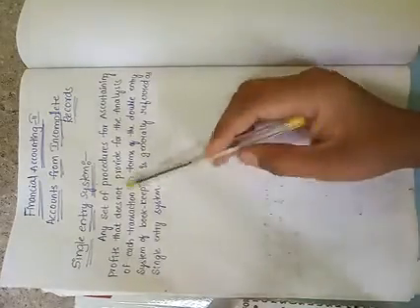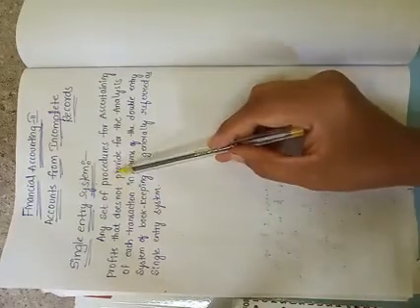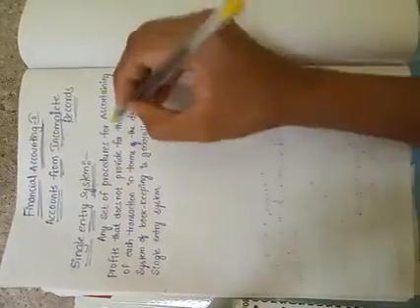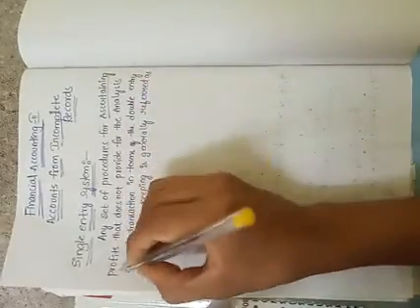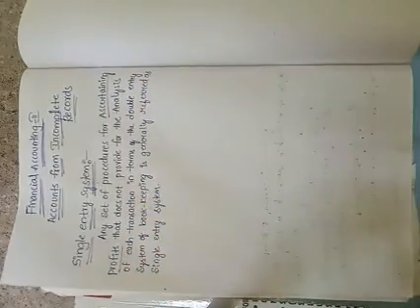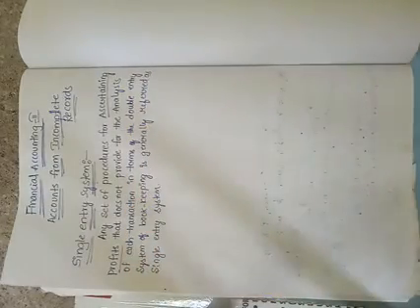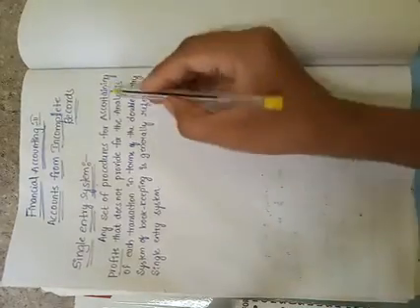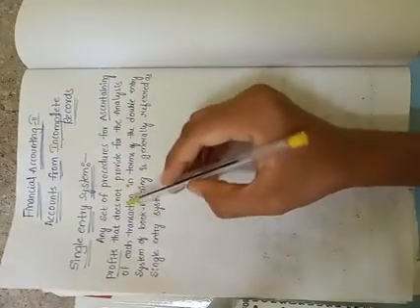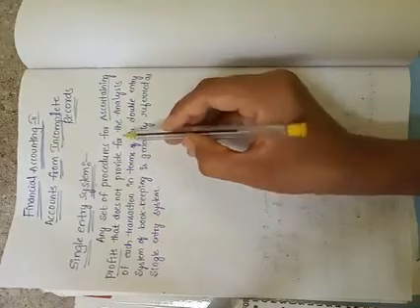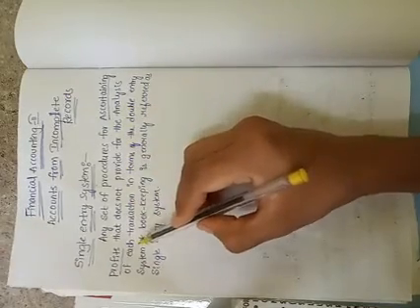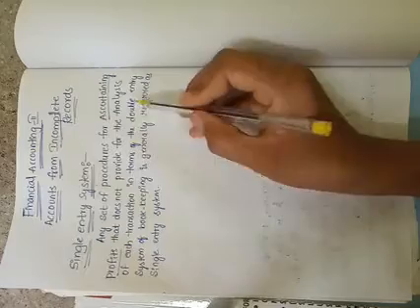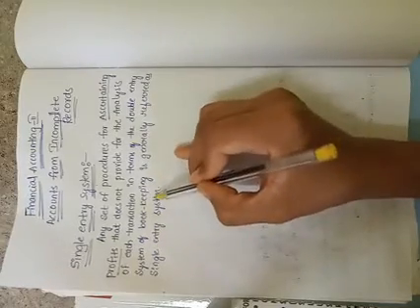Now see, any set of procedures for ascertaining what? For ascertaining the profit in any business. First we will calculate the profit. For ascertaining the profit, that does not provide for analysis of each transaction in terms of the double entry system of bookkeeping.